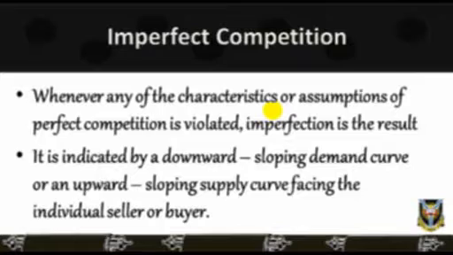Thus, when the firm in the industry is no longer a price taker, there is imperfection. Unlike in perfect competition, when the firm has only the output decision to make, an imperfect competitor has either the output decision or the price decision to make at any point in time.